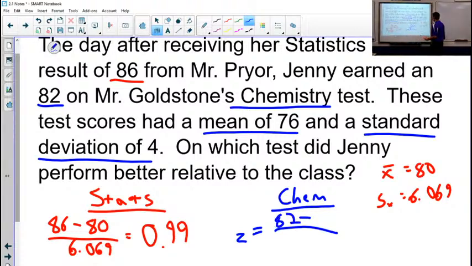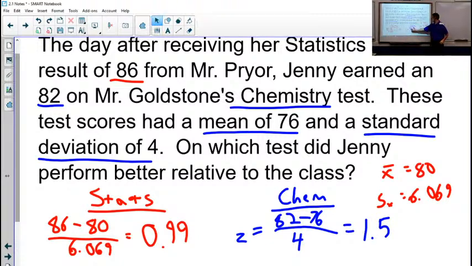Minus the mean, which is 76. Over the standard deviation, 4. 1.5. Standard deviation was 4. It was 6 above the mean. So that means on a scale of 4s, we're 1.5 standard deviations above the mean. That's what the z-score tells us.